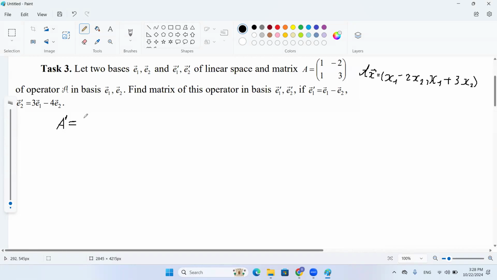We take the previous one and multiply it, no, the inverse matrix of the transition matrix multiplied by the operator A, and maybe multiplied with the transition matrix again. Okay, from the left it is multiplied by the inverse transition matrix, and now from the right by the initial transition matrix.